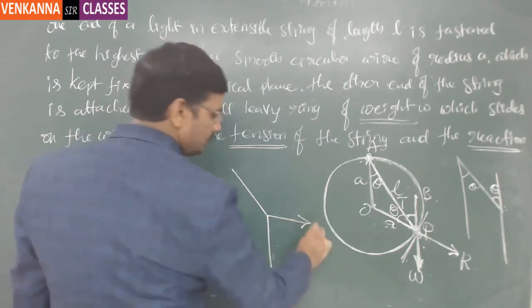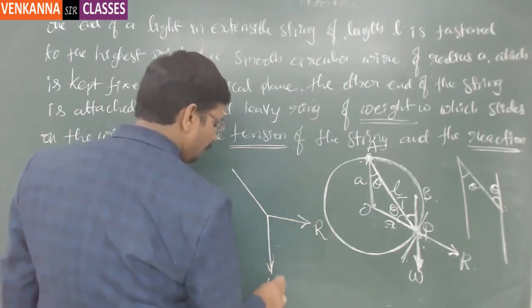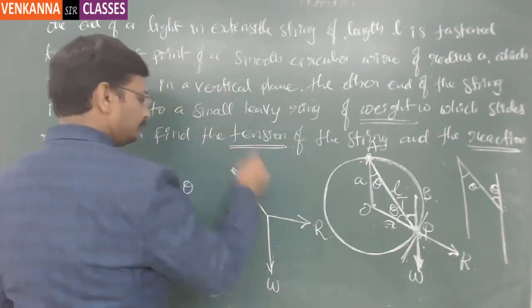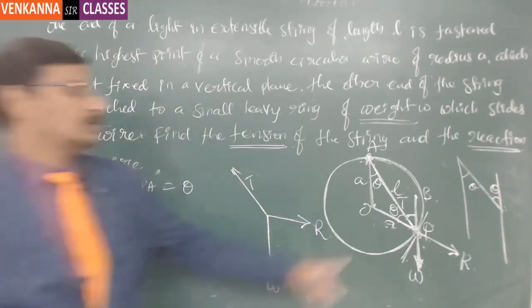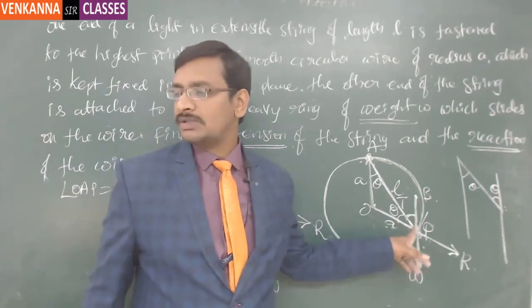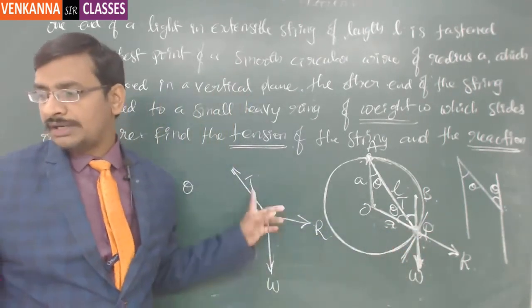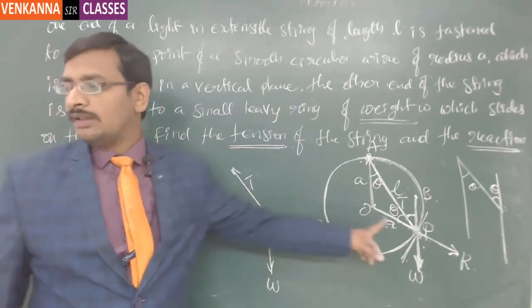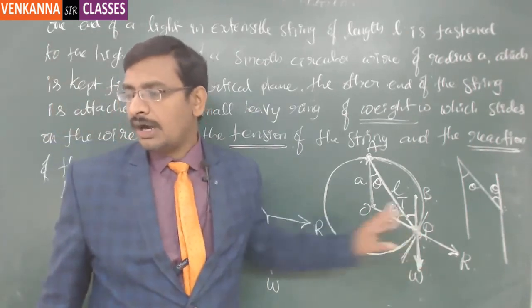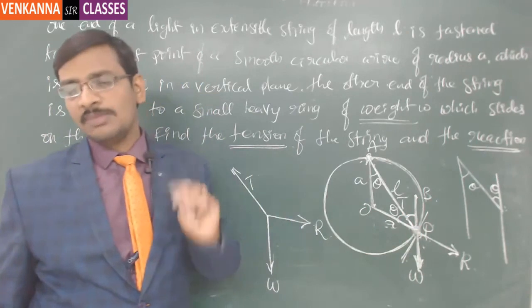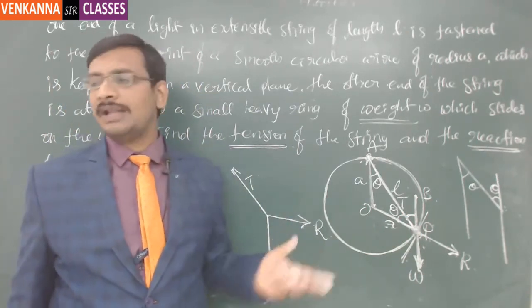Like this. So this is reaction, this is W, and this is tension. So now actually the ring is kept at this location because of the balance of all the three forces, reaction, weight and tension. So if all the three are getting balanced here, you can safely apply Lami's theorem.